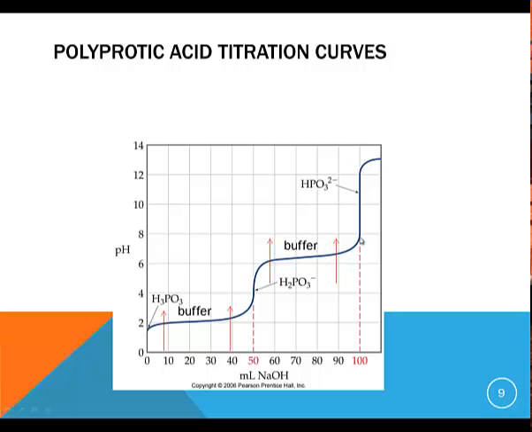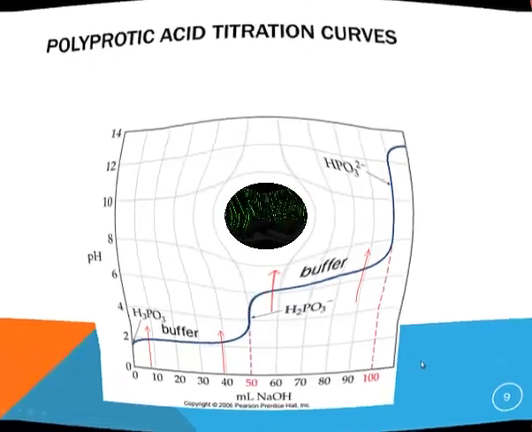And then for the third buffer region up here, I would use Ka3, take the negative log of that to get pKa3. So that's a polyprotic acid, and that's what the curve looks like. Associate yourself with the different shapes of the curves.